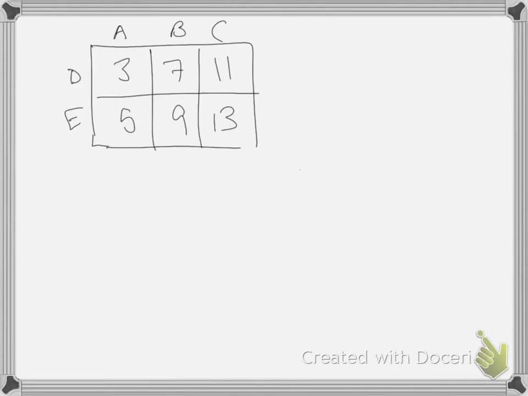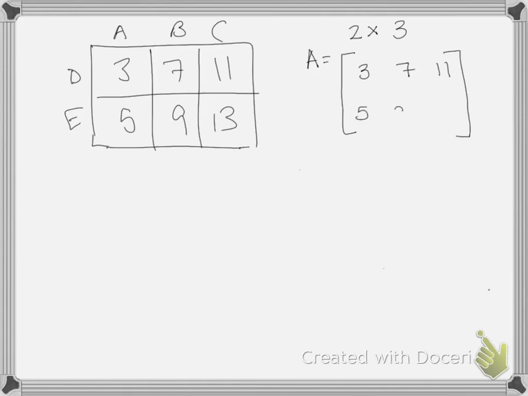Okay, so the way that this would look in the calculator, in the matrix, is that it would actually mimic this. You would go to matrix A and you'd be able to enter it as you go row by column. So this is a 2 by 3 matrix. It's 2 rows by 3 columns. And you'd enter it like this, row by row. So you'd hit 3, enter, 7, enter, 11, enter, like that.